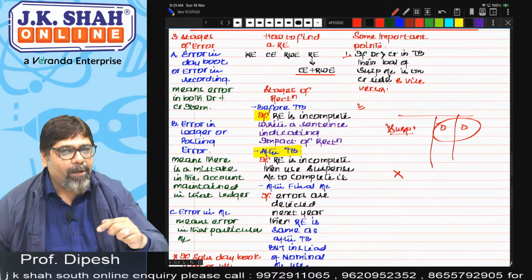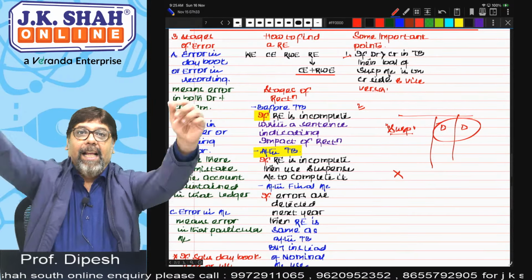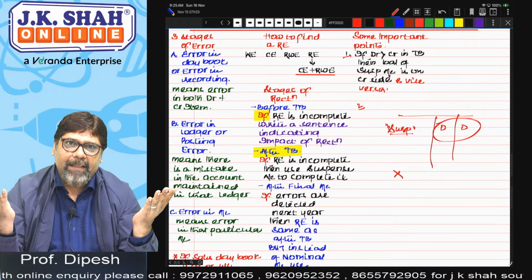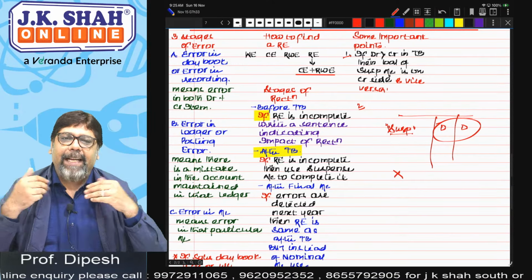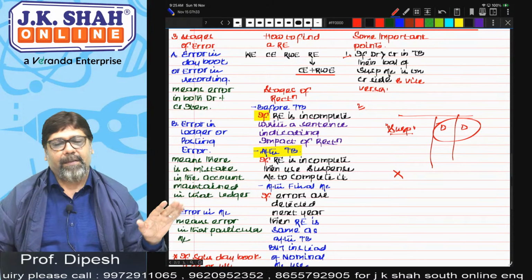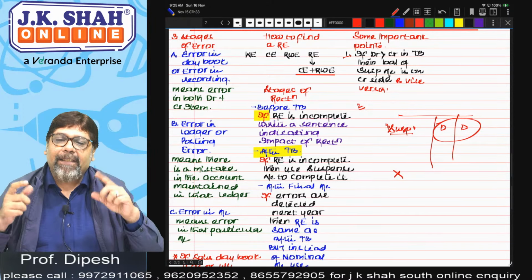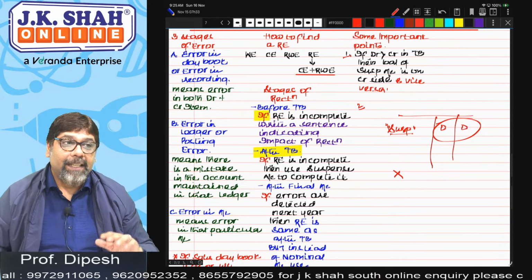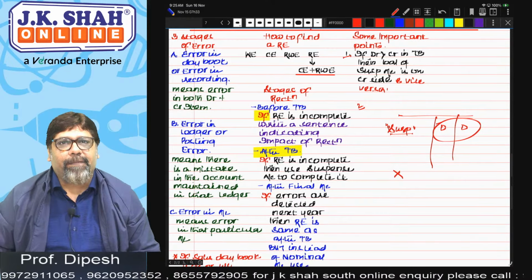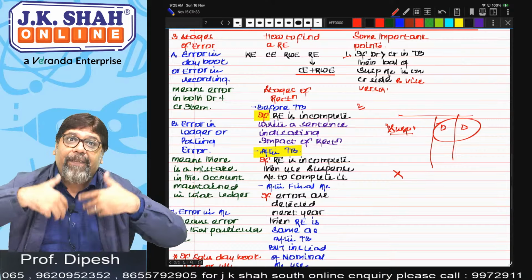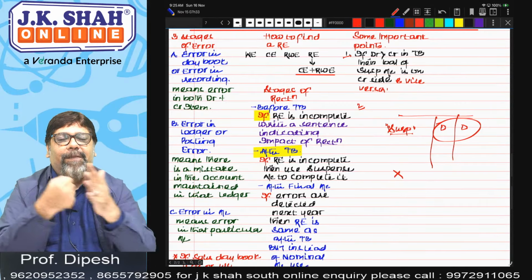When I prepare a trial balance, it does not tally. I don't know the reason for the difference, so I put it to suspense account. Suspense account means anything which I don't know and I need to find out. Then I again go through my books of accounts, find out the errors, rectify the errors, and hence remove the suspense.